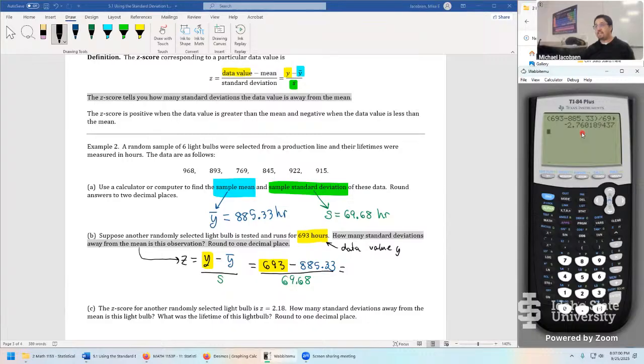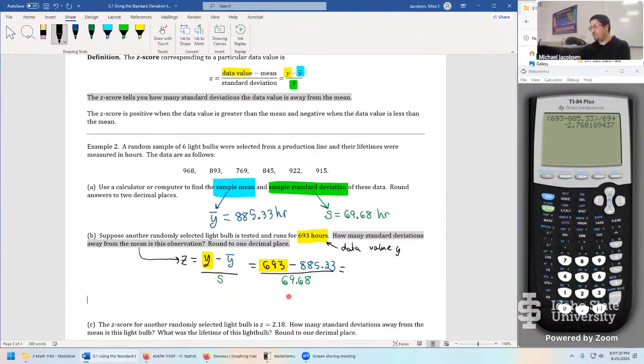And we get this. That's really, really unusual. It's approaching 3 standard deviations below the mean. Below because we see the negative value, but also because 693 is just less than 885, so it's certainly below the mean. We weren't asked to interpret it in any way, but that's good to note here on the notes.